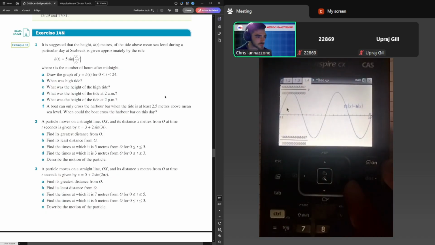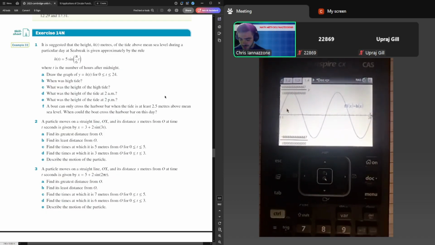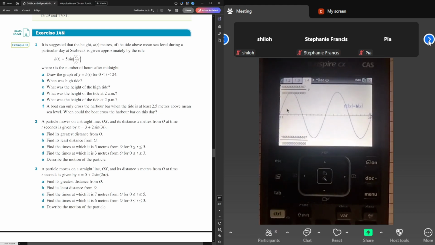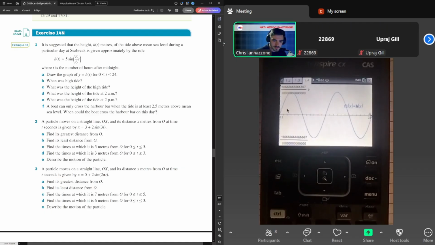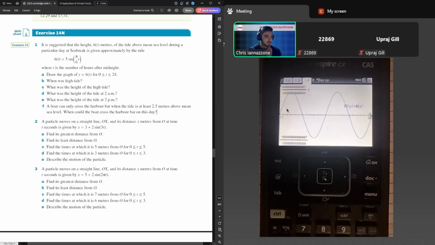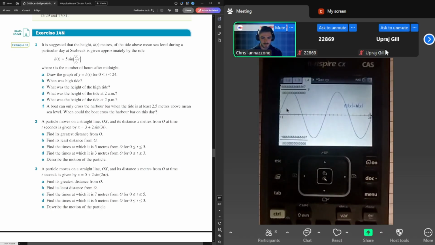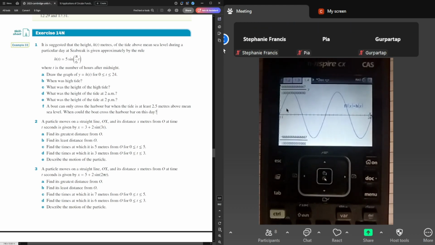In fact, I can even show the graph as well if you want to make reference to that. Only cross when the tide is at least 2.5 metres above mean sea level. Yeah, any thoughts?